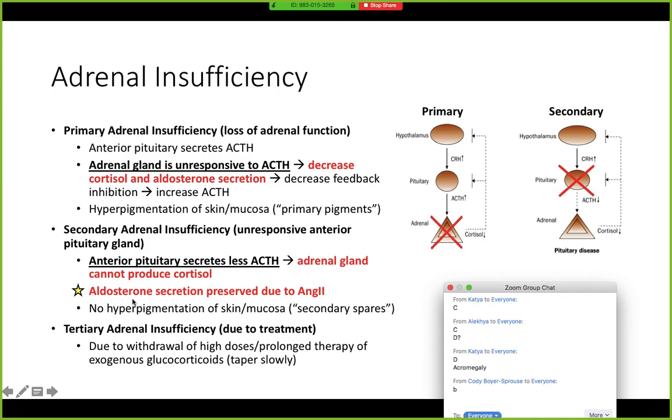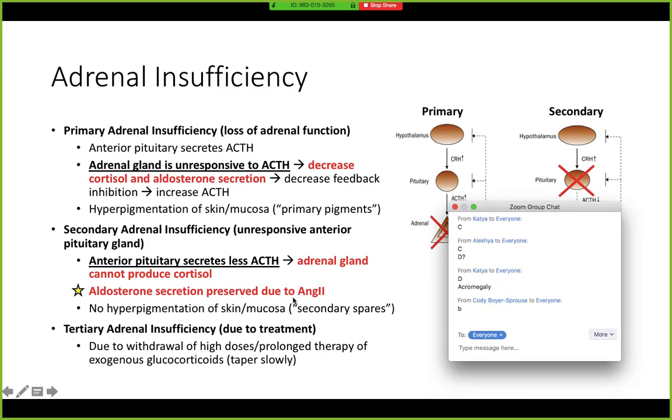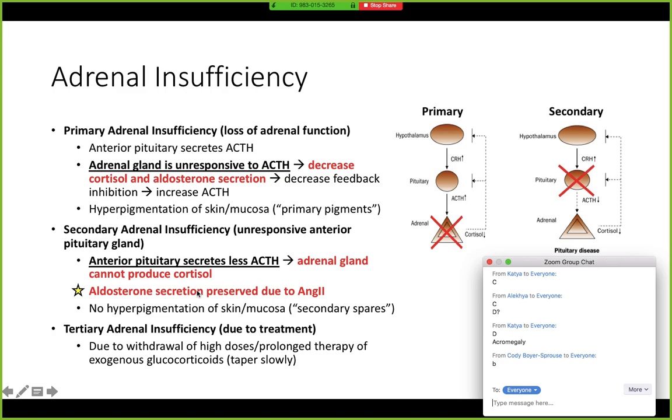However, a very important point to realize is that secretion of aldosterone is spared, and that's due to its regulation by angiotensin II. And then also, because you're not getting that production of ACTH, you're not seeing the hyperpigmentation of the skin, and that's because MSH is a byproduct of ACTH production.